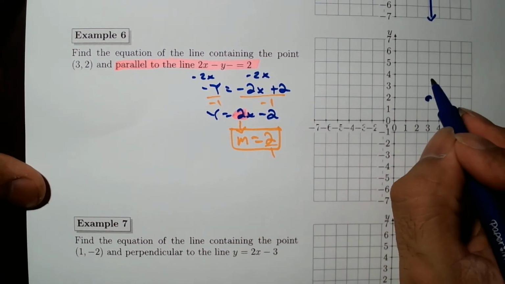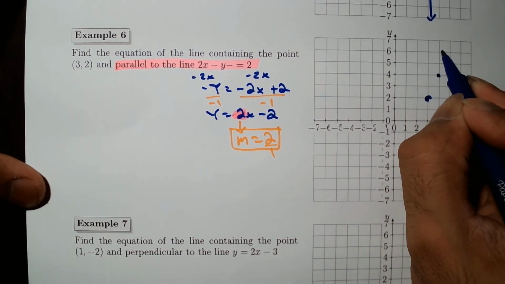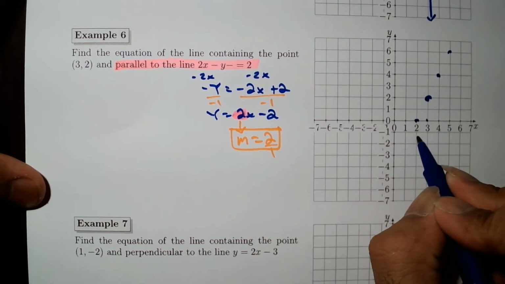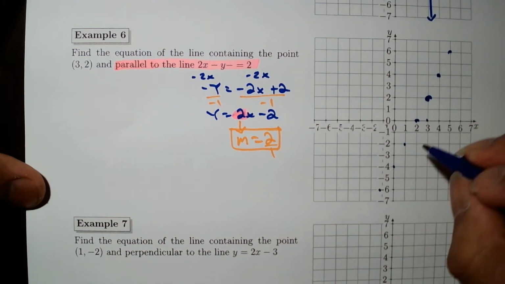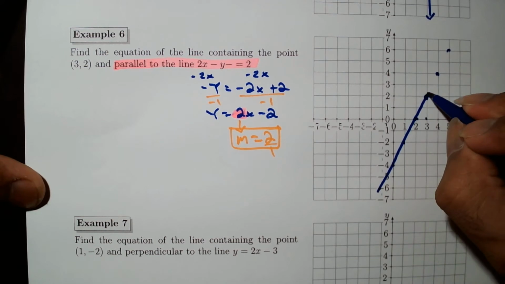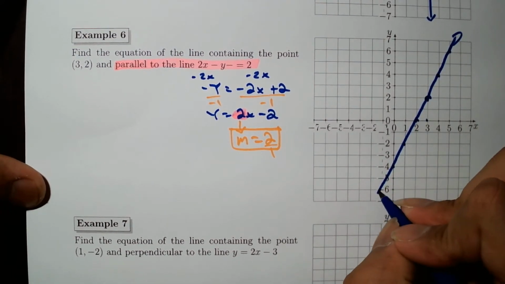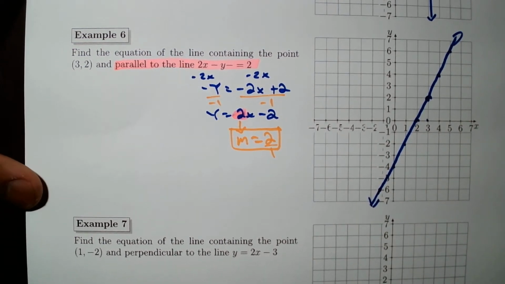That is, rise 2 units, run 1 unit, rise 2 units, run 1 unit, etc. So that's the graph of the line that we want to obtain.